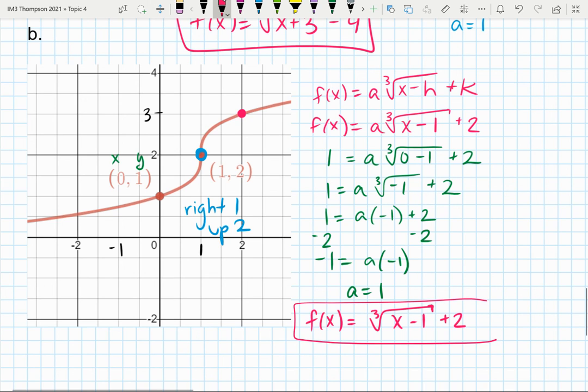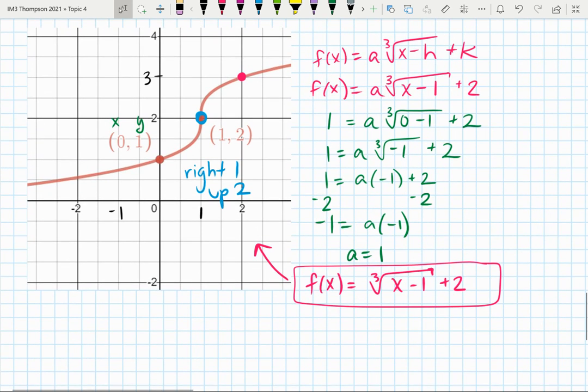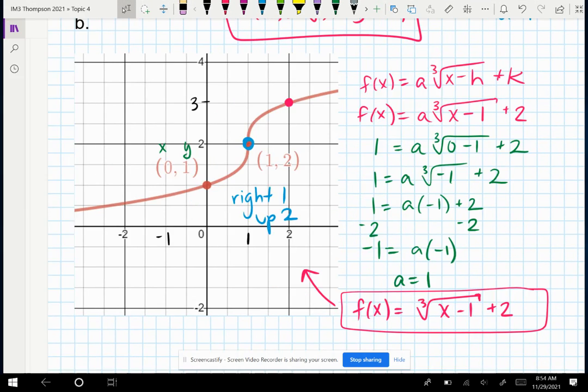So again, A is 1, so the number in front of the radical is just going to be 1, or you could write nothing there. That wraps up 4.3. It's a lot.